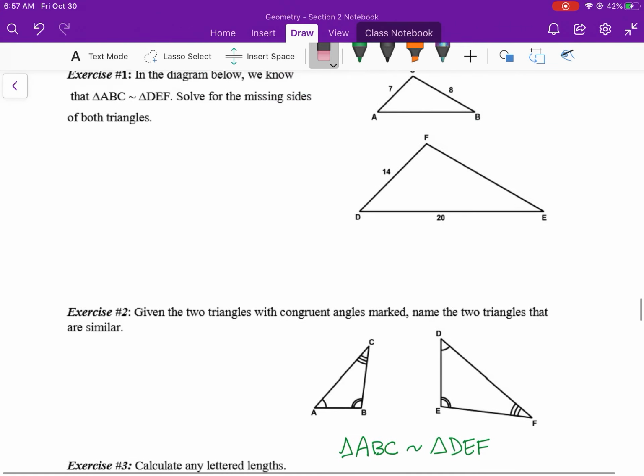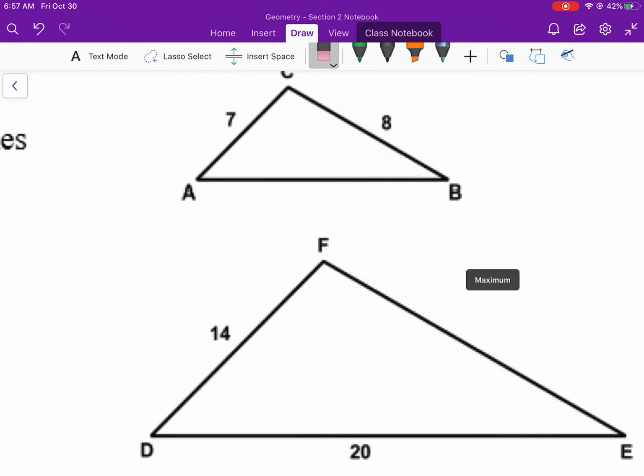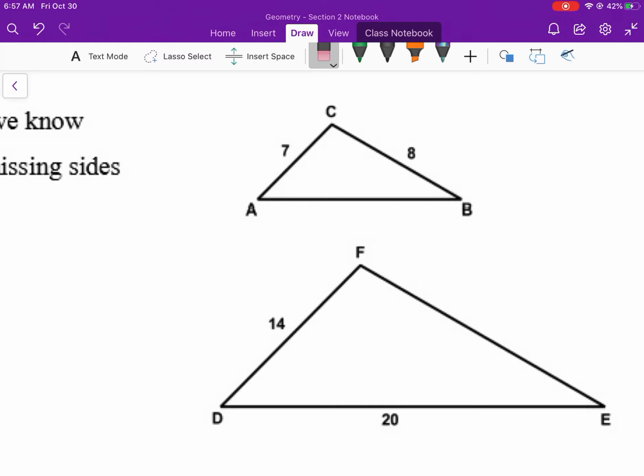That's hugely important. All right, so I look here, and I have these two triangles, and we talked about this yesterday, and the corresponding sides have to have the same ratio. So one of the things that I notice is that this is 7, and its corresponding side in the big triangle is 14. So that makes it twice as big, right? Okay, I could do 7 to 14, which is a half, right?